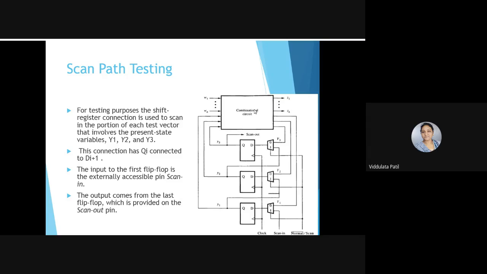Now here, what we are going to do is apply a test vector, that is W1 to Wn, at this input terminal, and then Y1, Y2 and Y3 here. So depending on that, we will get certain outputs.